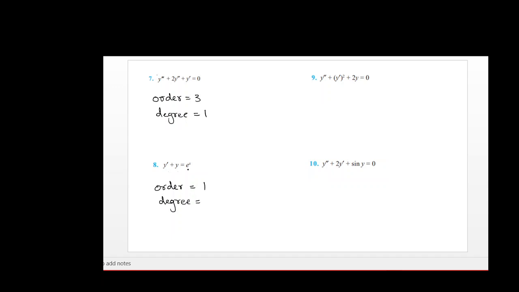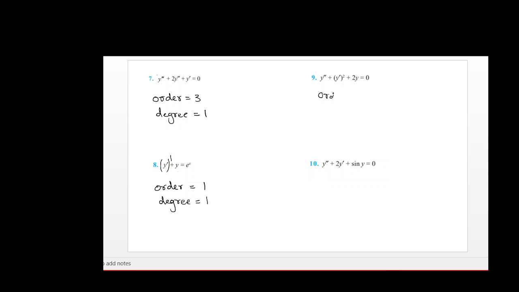I told you already, e power x or e power y, if it is there, there is no problem at all. E power y dash, if it is there, then the degree is not defined. For this problem, the degree is defined because it is a polynomial equation in derivatives and the powers of the derivatives are positive. In this case, the degree of the differential equation is 1, the highest power being 1.